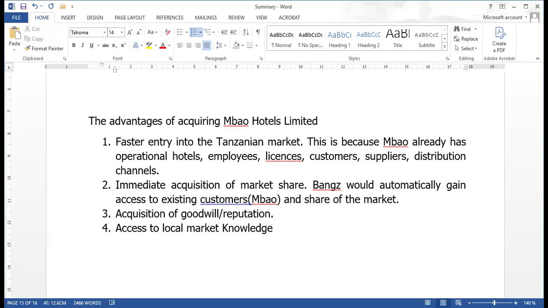You may not have all those when you're starting from scratch in a country. If you decide to go the subsidiary approach, at times it is tricky. So you as Baganzi would gain this knowledge through acquisition, and that reduces the risk of making poor decisions.